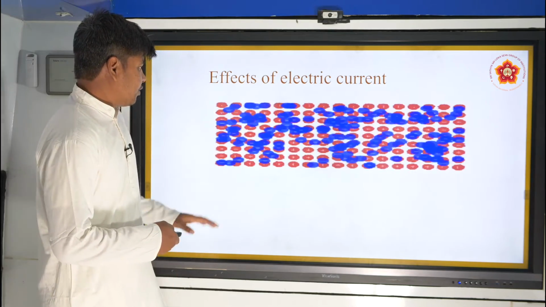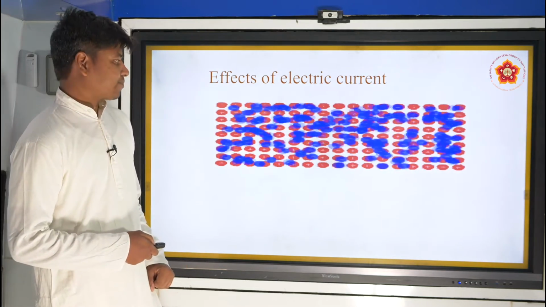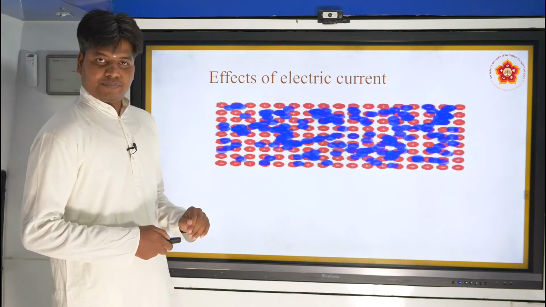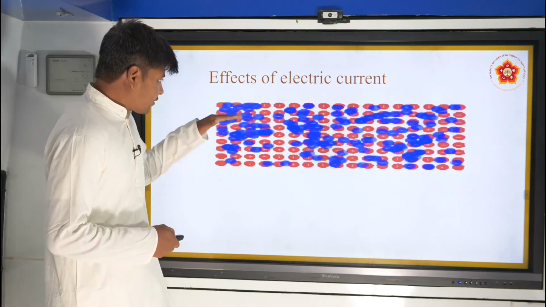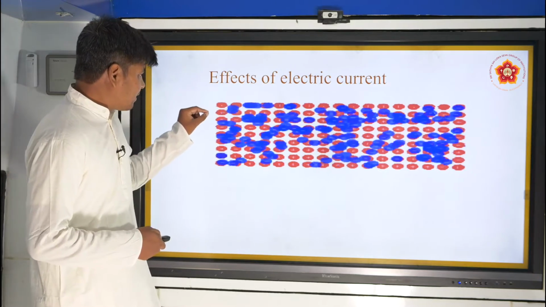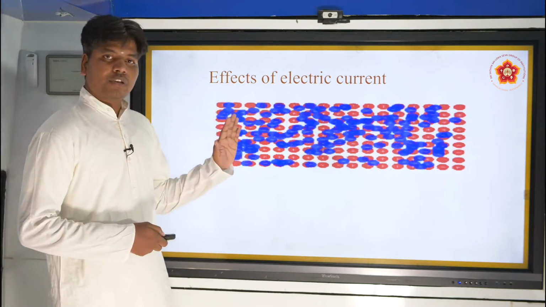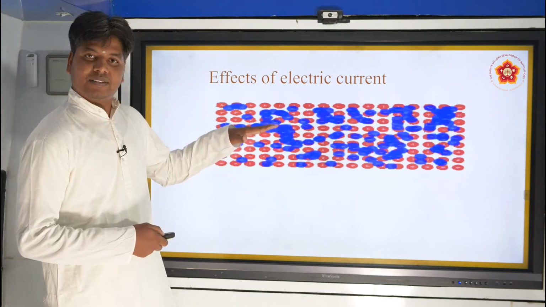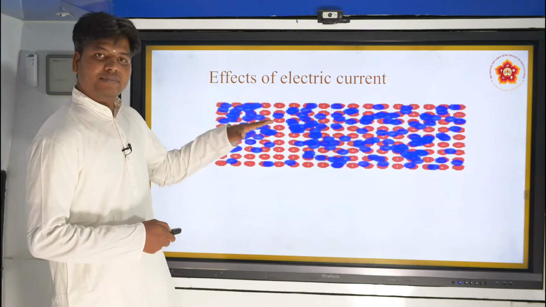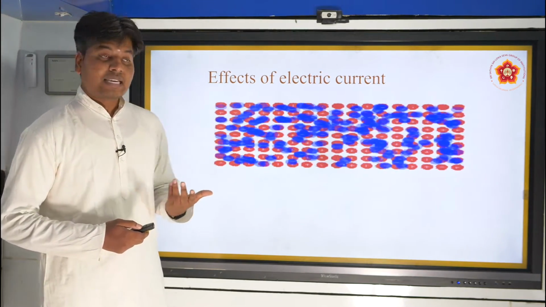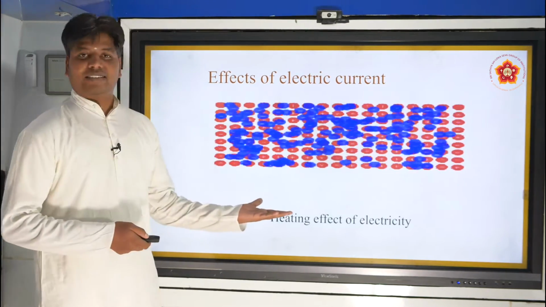Now if you see in this picture, animation to be precise, this is a conductor, right? The electrons are flowing in this and you can see the red dots, those are atoms. When these electrons are flowing, they are ruffling up the atoms. When they ruffle up the atoms, it creates heat, which we call the heating effect of electricity.